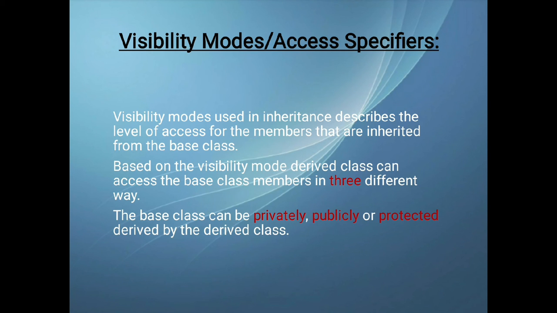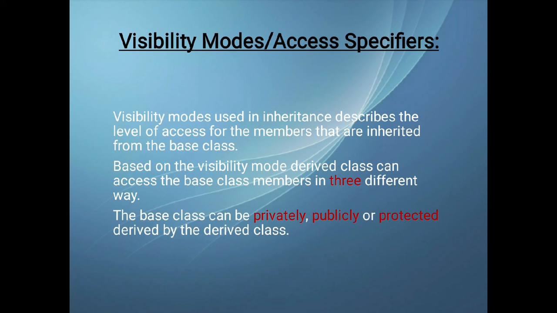In the last class I showed you the format of how to declare a derived class, using the colon to access the base class members. So the base class can be derived privately, publicly, or in protected mode by the derived class.